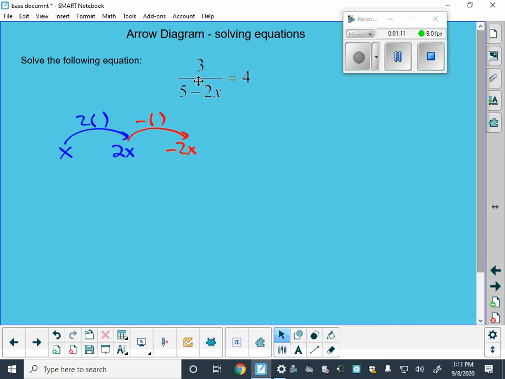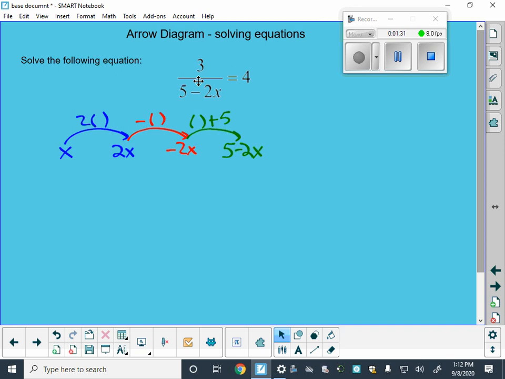If you've been watching these, you recognize this process. So now I'm going to add 5 onto that. Because of the commutative property of addition, that can be written as 5 minus 2x so that it matches what I have in there.